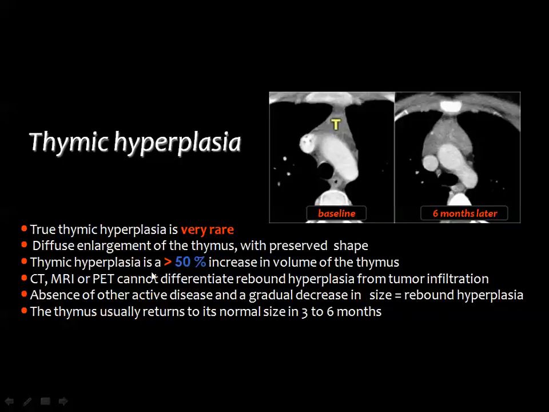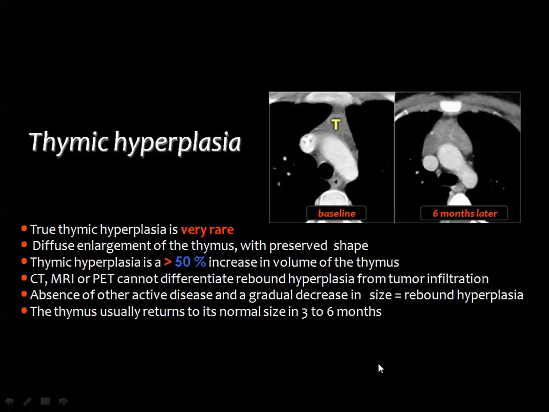Thymic hyperplasia means that there is a more than 50% increase in the volume of the thymus. And in all conditions, CT, MRI, PET scan cannot differentiate the rebound hyperplasia from the true tumor infiltration.